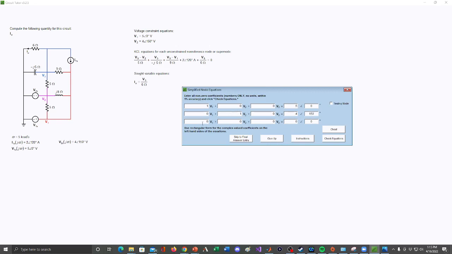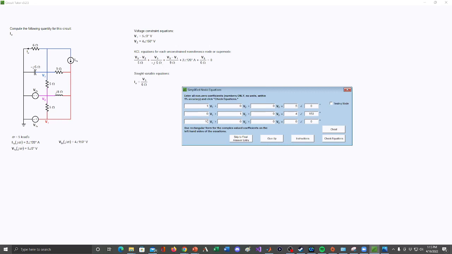And then V1 over, okay, so I'm allowed to multiply this by 90 ohms.